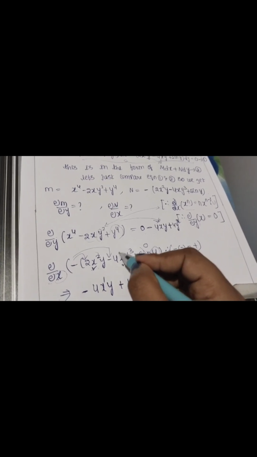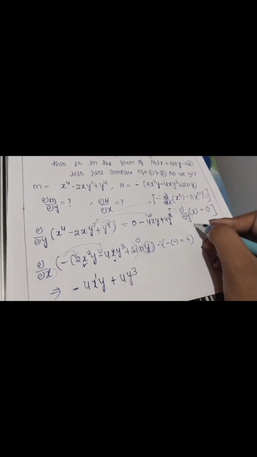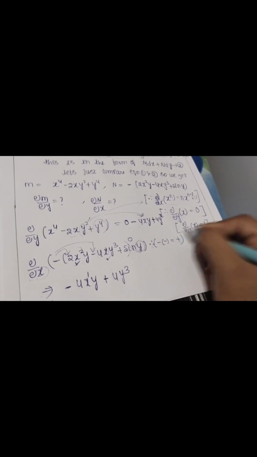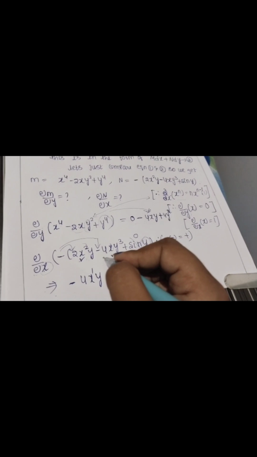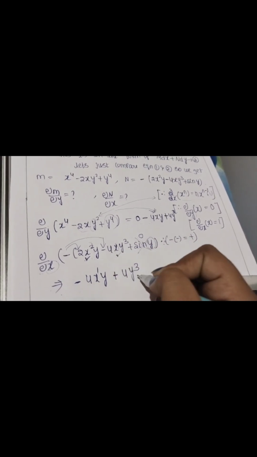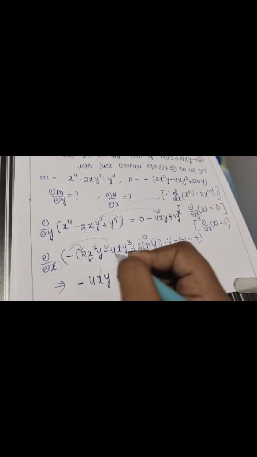Now the same thing, we have x here, ∂/∂x of x tends to 1. So simply putting 1 over here, we get minus 4y³, which is again multiplied with minus, so we get plus.